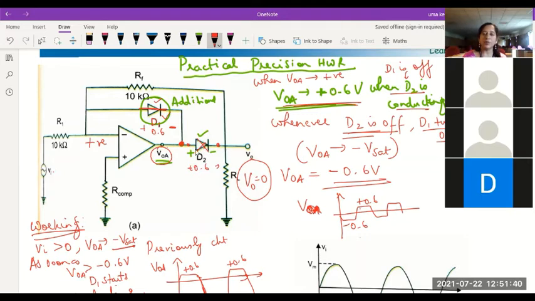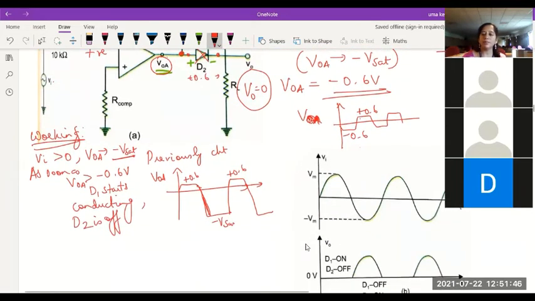So once there is an open circuit in the feedback loop, output will be 0. Please understand that. So you can observe the waveform here. During positive half cycle of the input, you see the output is 0. And during this time, D1 diode is on and D2 is off. So here V0 becomes 0. That's what we have shown.